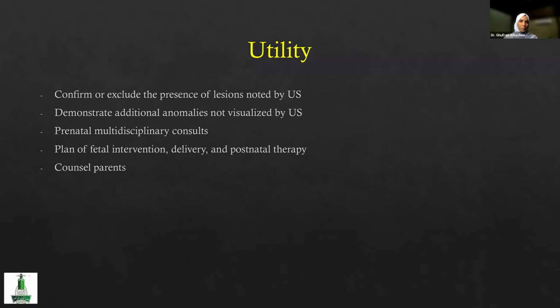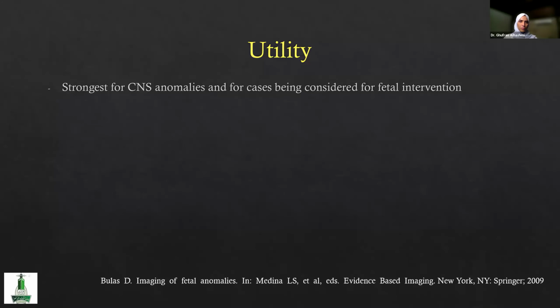It will also help in counseling parents. It can also decrease the need for postnatal imaging if the neonates are unstable. Currently, the strongest utility for fetal MRI is for CNS anomalies and for cases that are being considered for fetal interventions.